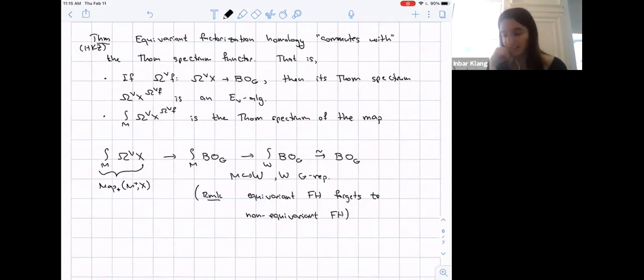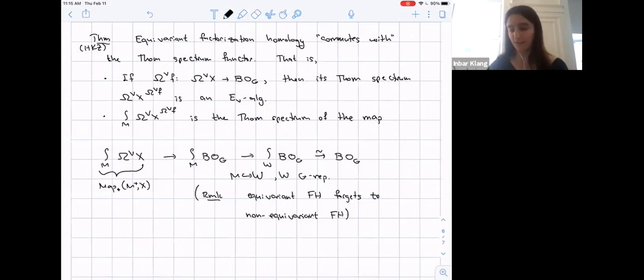Well, the technique that we use here is happening in G-parameterized higher categories, and it's all coming from the fact that the equivariant Thom spectrum functor is a colimit, and that it's G-symmetric monoidal.